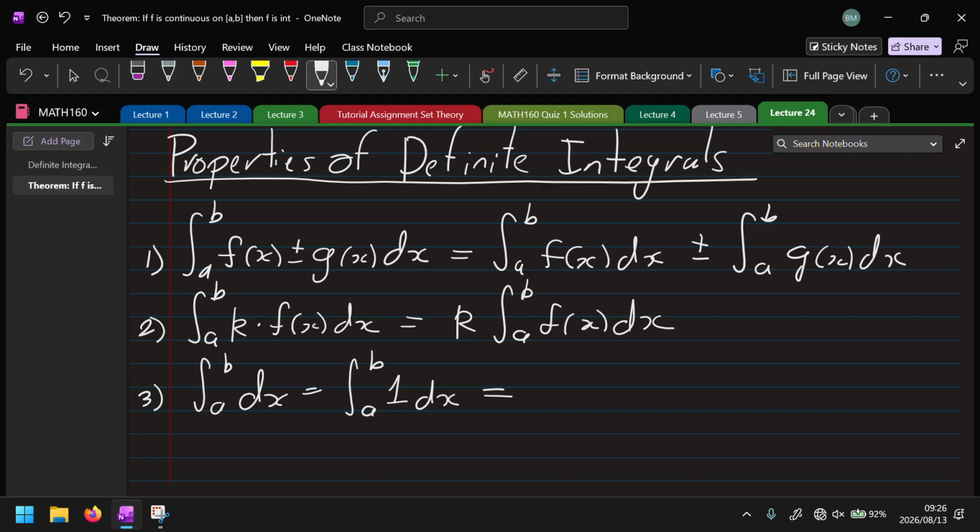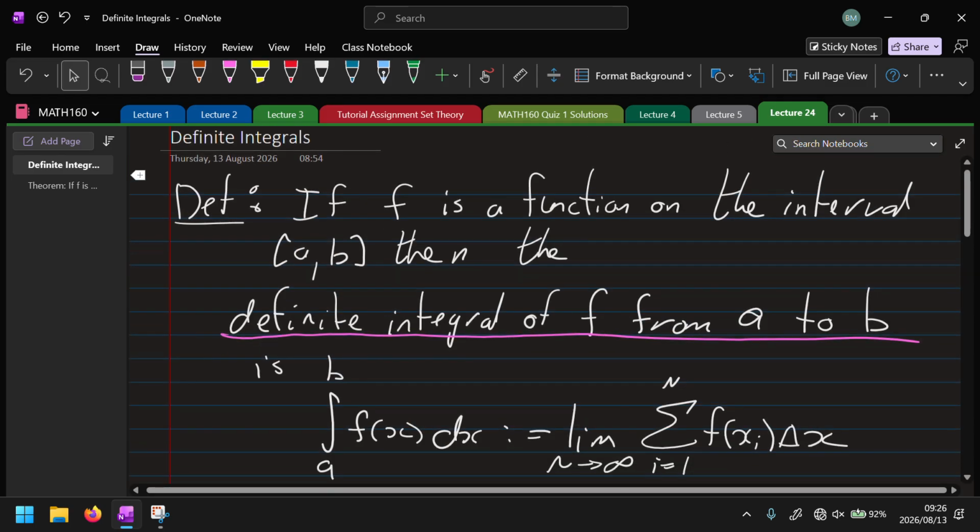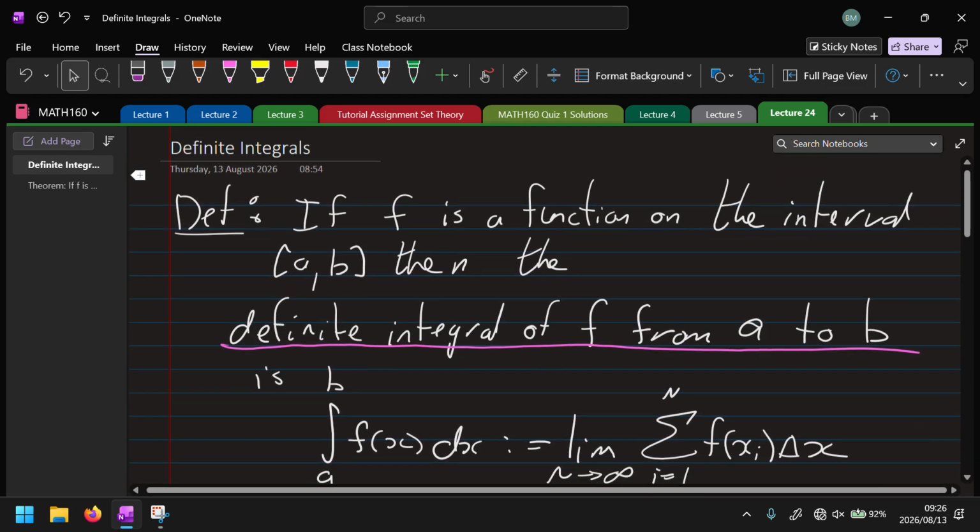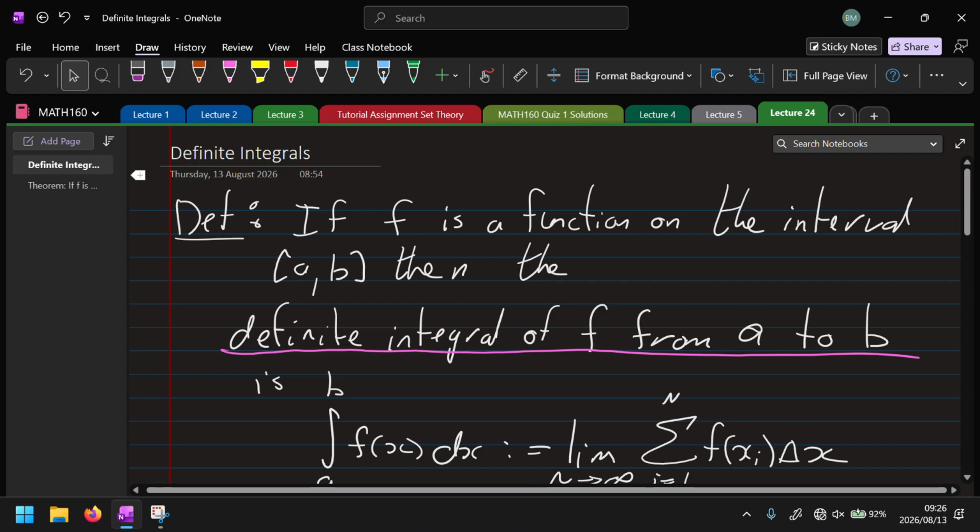This is equal to, and we can work it out. Again, it's a property, but we can work it out. We have a rectangle of height 1. What's the base? Think back to what this means. We're finding the area. Let's go back here. The definite integral of f from a to b.